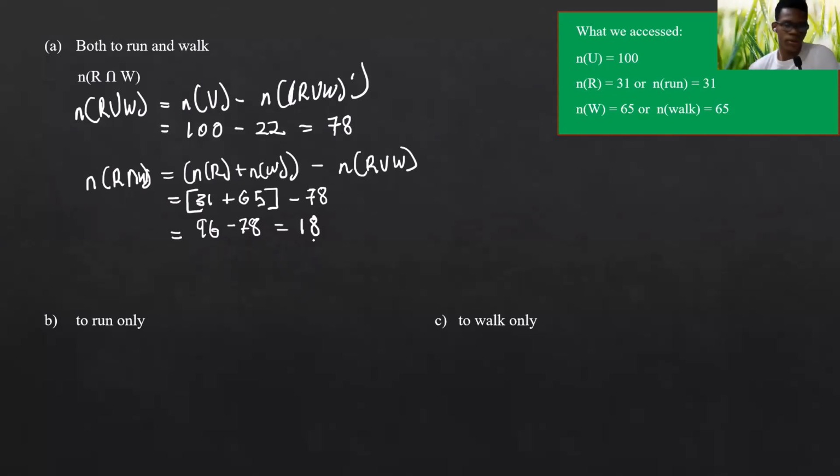We get 18. Let me just write it back here. So now the number of elements in the intersect is 18.